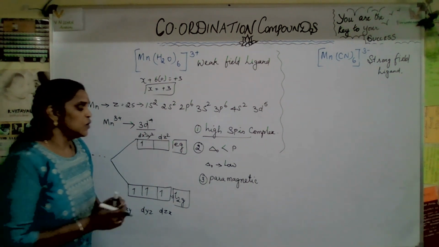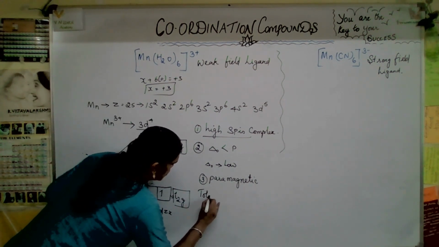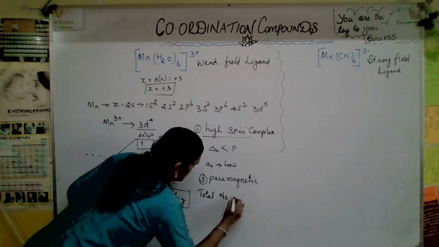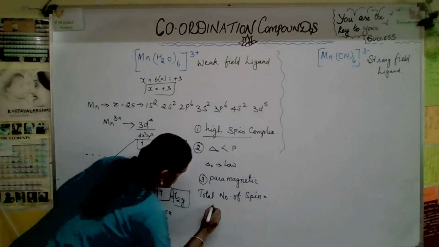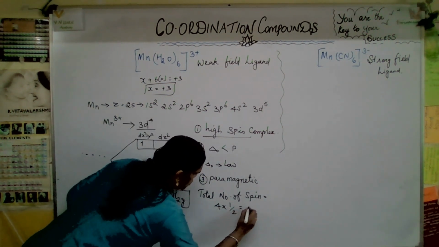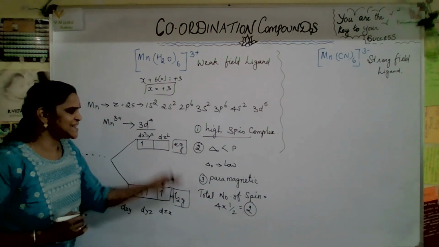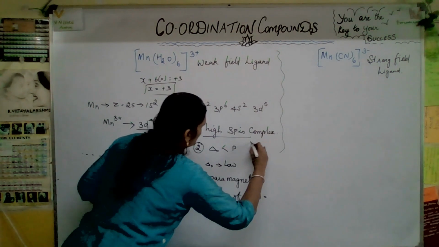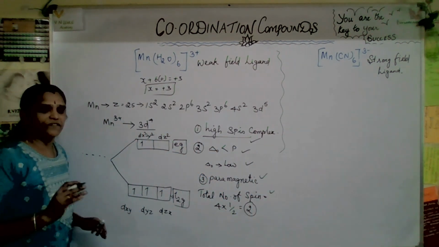So here, total number of spin equals 4 into half, so total number of spin is 2. Hope you're clear with this, all these points, magnetic property and total number of spin.